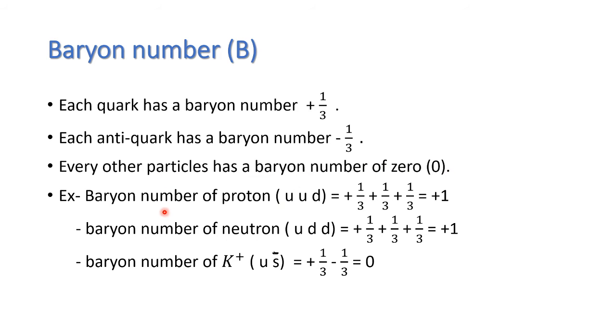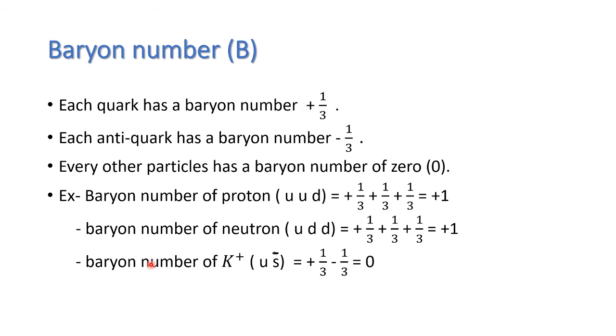So let's take the proton. You know that the quark composition of the proton is UUD. Each quark gives +1/3, so +1/3 three times gives +1. Then the baryon number of the neutron, UDD, is also +1.